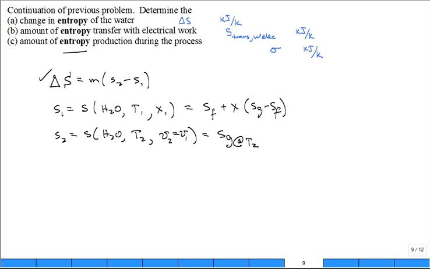Now, how about the amount of entropy transfer with the electric work? I'm going to give you a second to think about that and give me the answer. So who knows the answer for part B? Anybody? Okay, can you tell me? Is it going to be negative? Is it going to be 0? Or is it going to be positive?